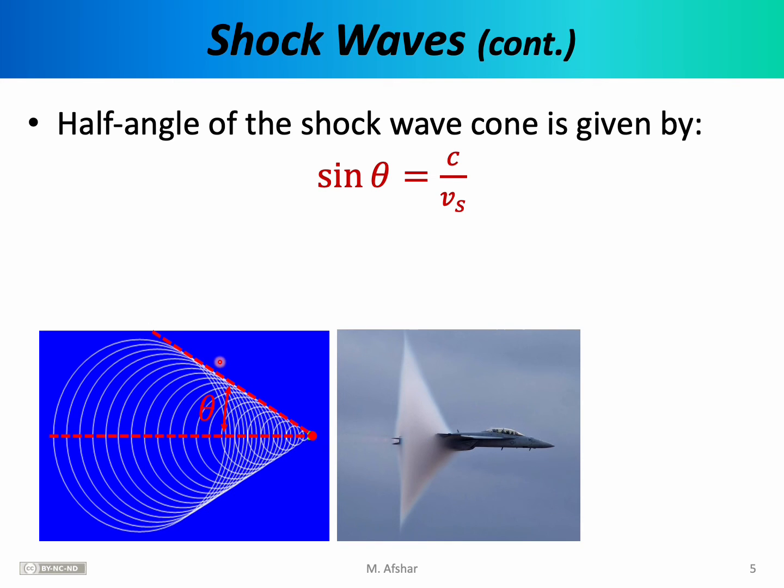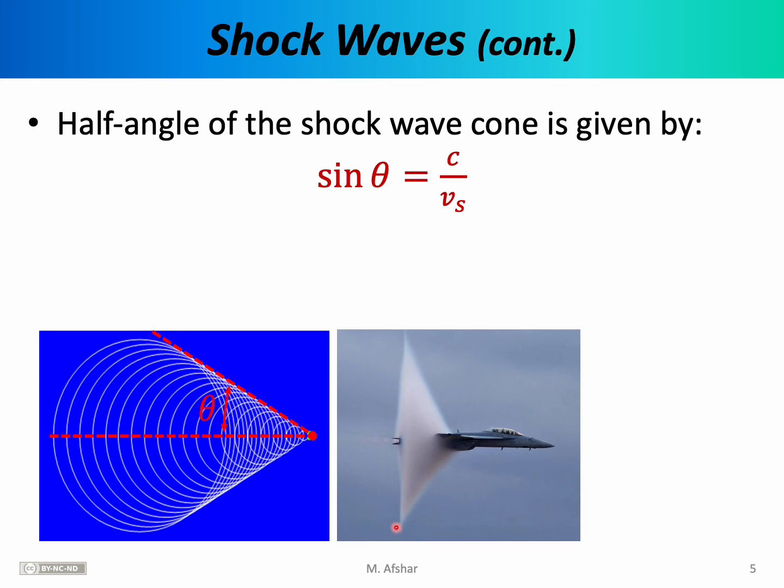You can see the shape of the shock wave cone that forms behind a supersonic source in this picture here. What we have here is a jet aircraft that is moving faster than the speed of sound, and behind it we see what is known as a vapor cone. A vapor cone is basically the condensation of moisture that is naturally present in air.